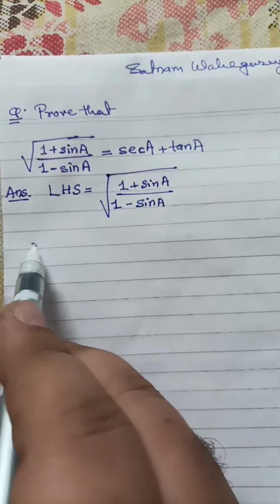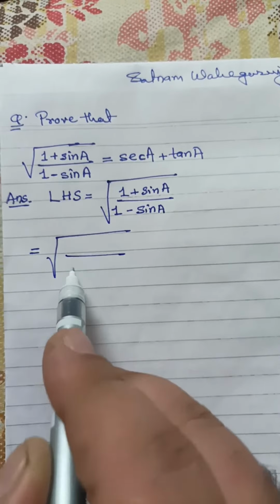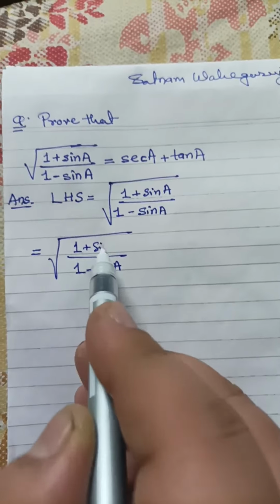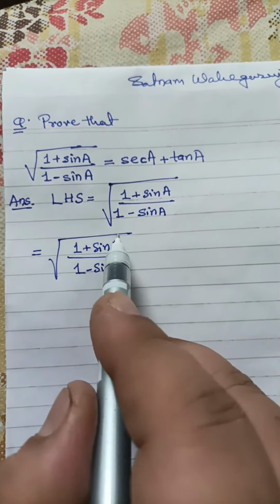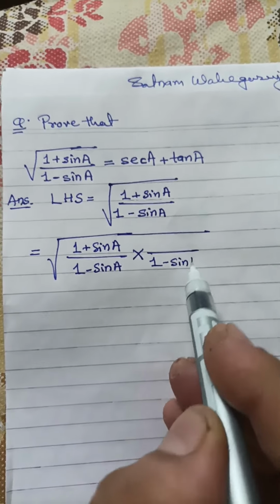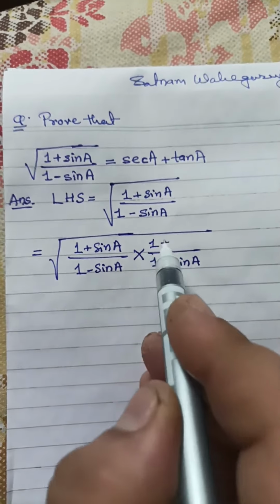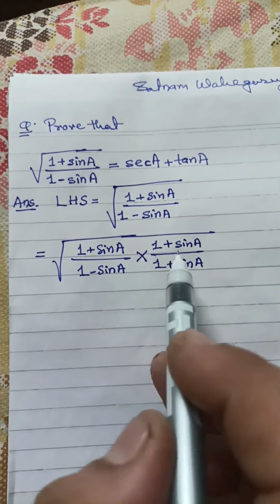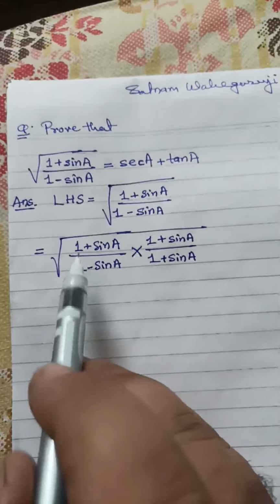Okay, that means 1 minus sin a in the denominator, 1 plus sin a. If we multiply both the numerator and denominator with 1 plus sin a, we'll get this term.